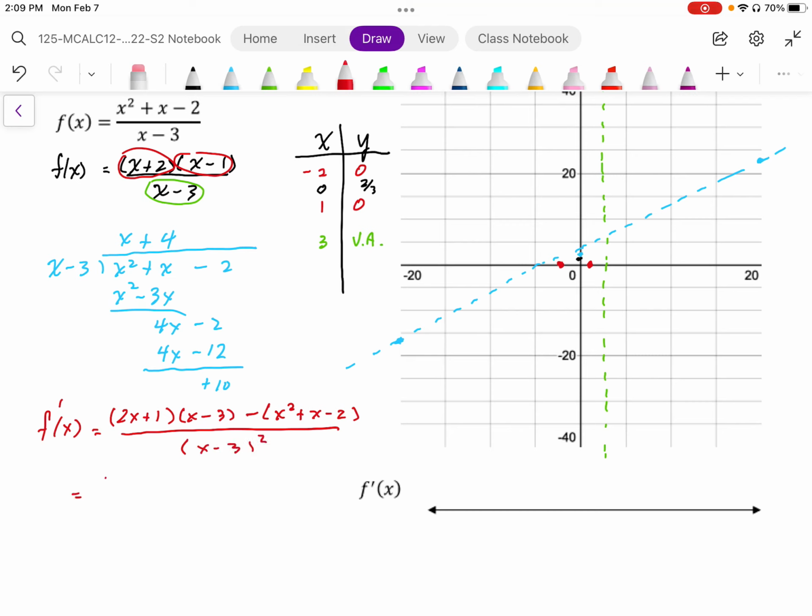So we want to simplify this expression. We end up with 2x squared, minus 6x plus x, so -5x, minus 3, minus x squared minus x plus 2.